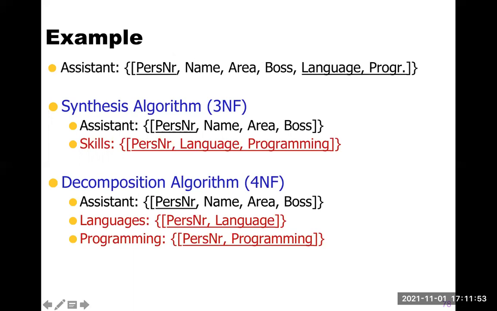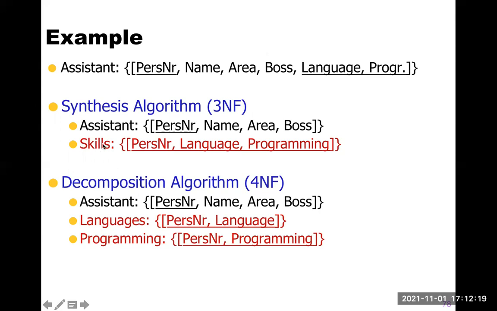So the synthesis algorithm led to this. I have just functional dependencies from person number to name, to area, to boss, no transitive dependencies. So I extract them into a single table for assistant, with key of person number, and everything that depends on it. And put everything else in another table.